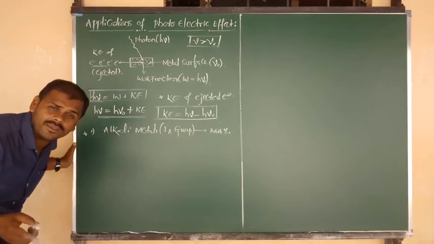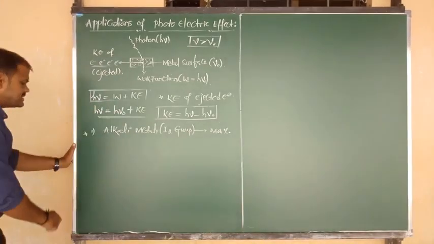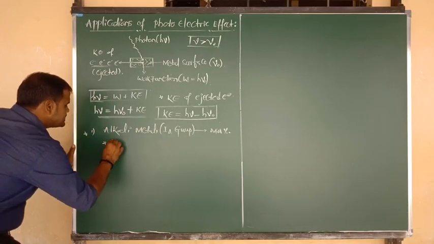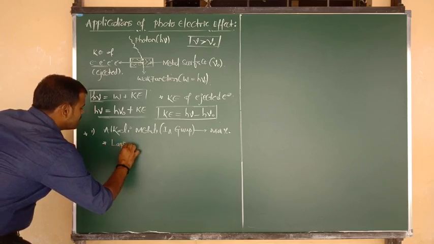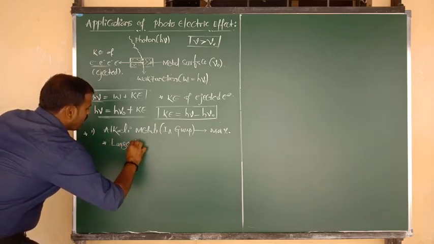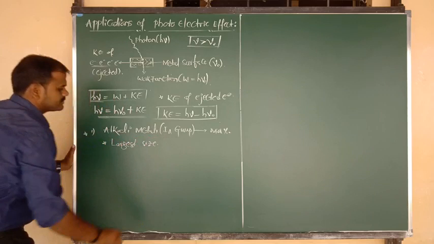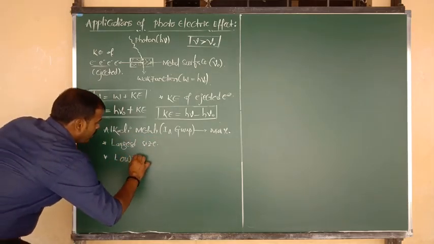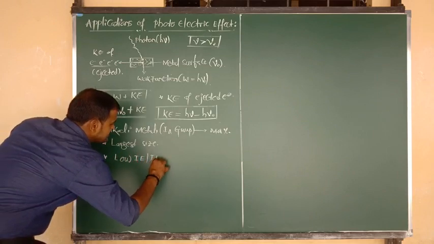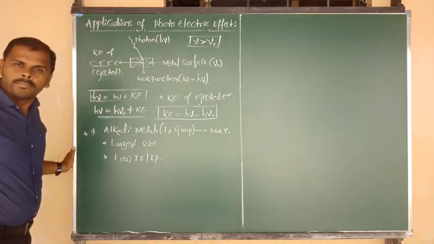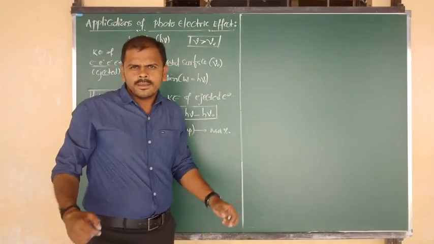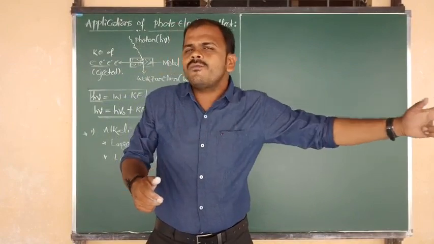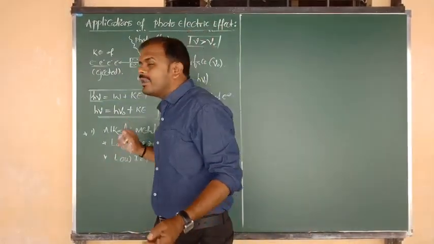Why? What is the reason? These reasons I also told you in the last class. Reason number one: alkali metals have the largest atomic sizes. Alkali metals have low ionization energy, or low ionization potential. That means a very low amount of energy is required for the removal of an electron from alkali metals.